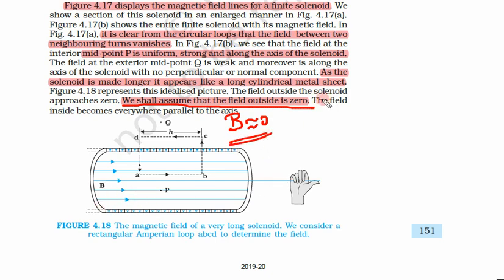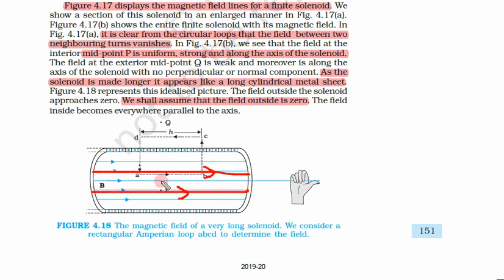We will consider only the field inside. The field inside becomes everywhere parallel to the x-axis. So if this solenoid is very large, inside the field becomes parallel and outside the field becomes 0.